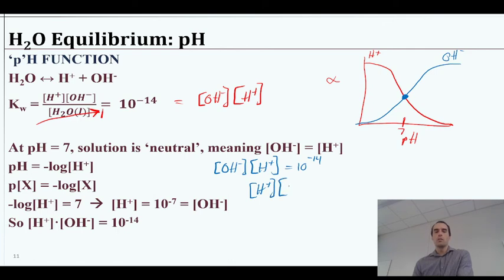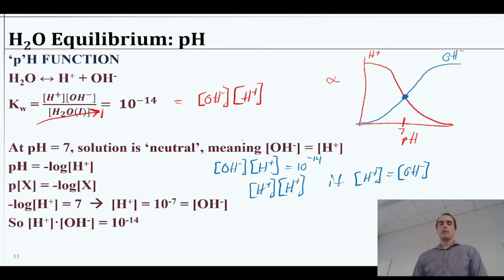So we're saying the same thing, right? It's just one of them squared if they're equal. If H plus is equal to OH minus, then it's writing the same thing. So that's just H plus squared.